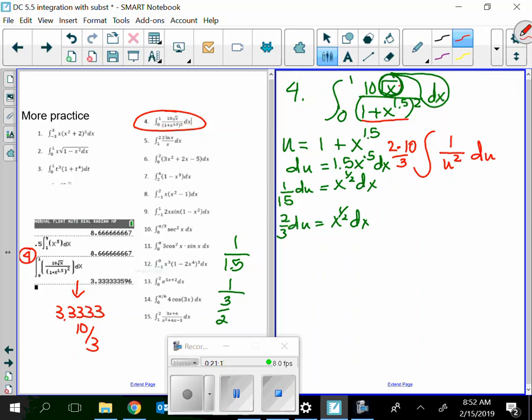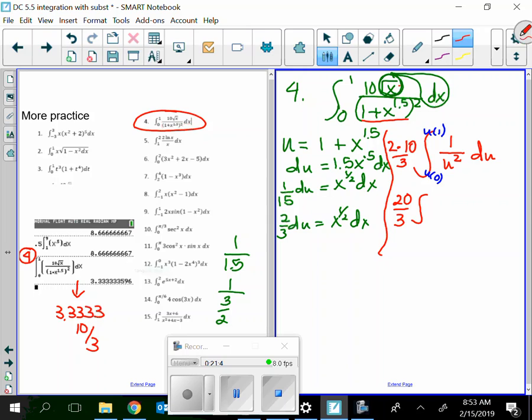Now, I need to also change my limits. u of 0 and u of 1. All right. What's 2/3 times 10? 20/3, okay.